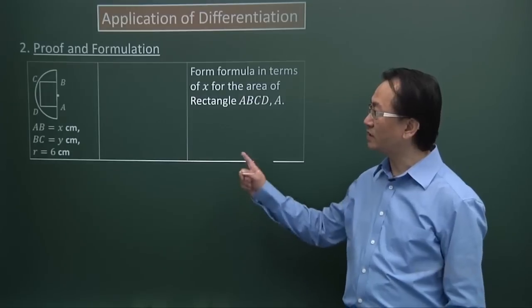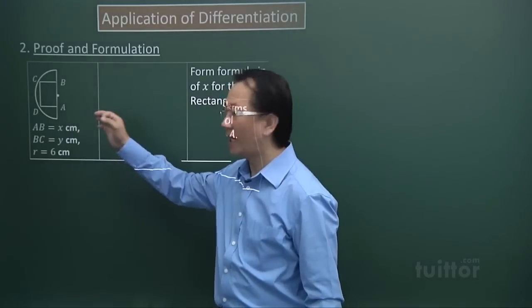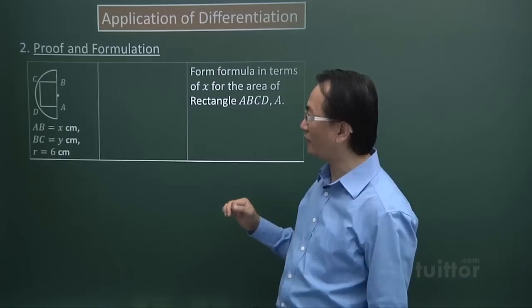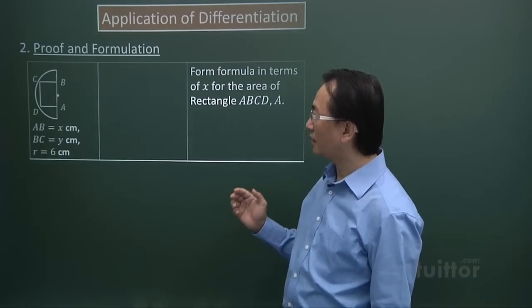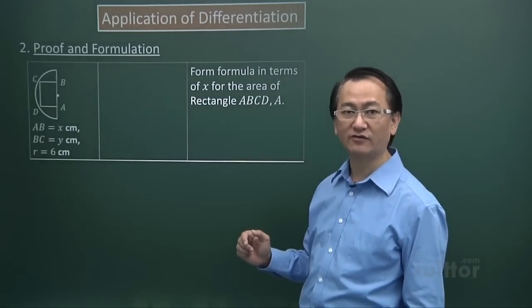Now we look at this particular case. We have a semicircle, and within the semicircle we have a rectangle. C and D are actually on the circumference of the semicircle.